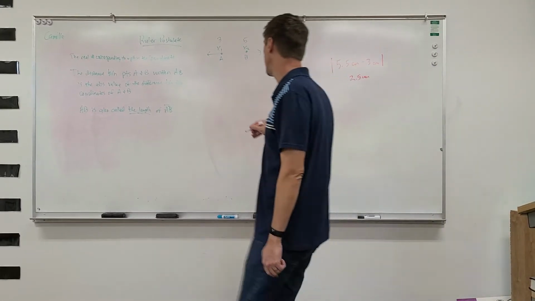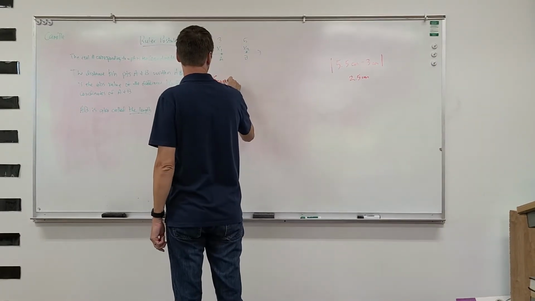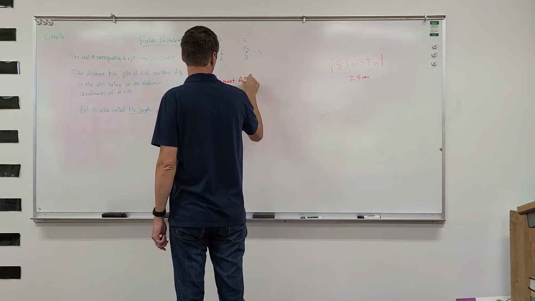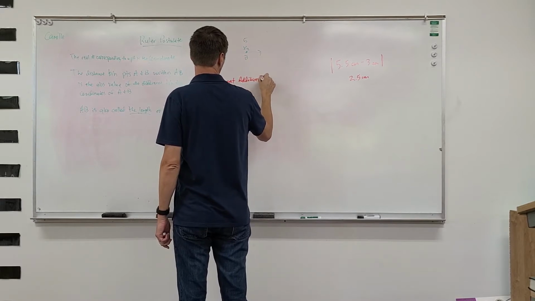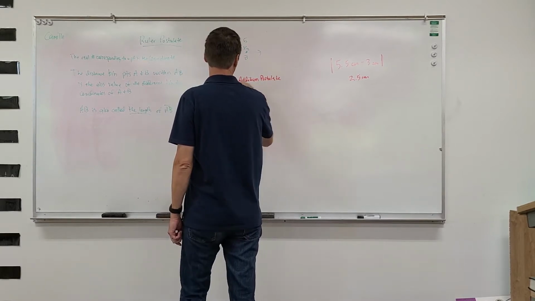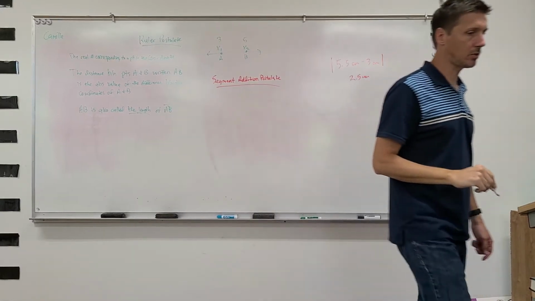All right, so let's give you another postulate, which is postulate number 2, the segment addition postulate. A lot of these to start with are going to be sort of common sense.